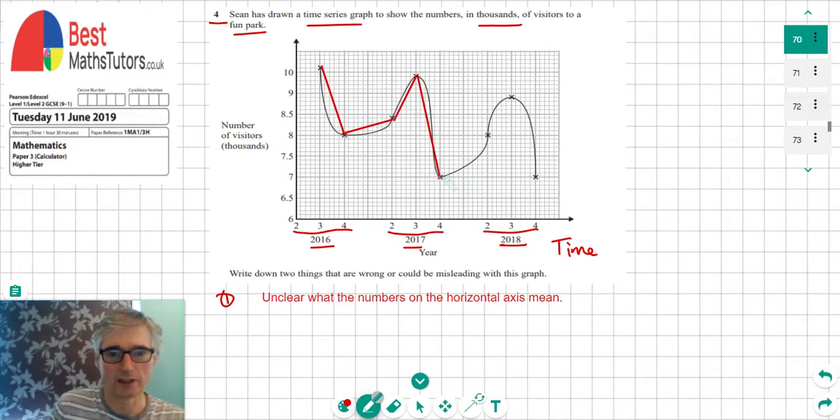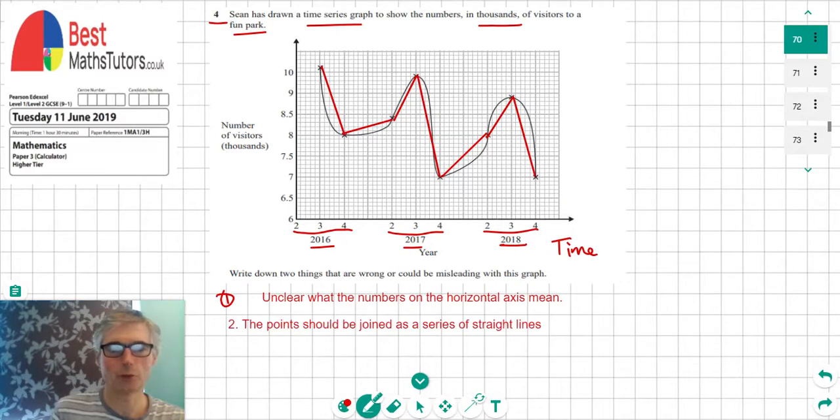So this is our second mistake or misleading thing. In this case, it's an actual mistake. So the points should be joined as a series of straight lines.